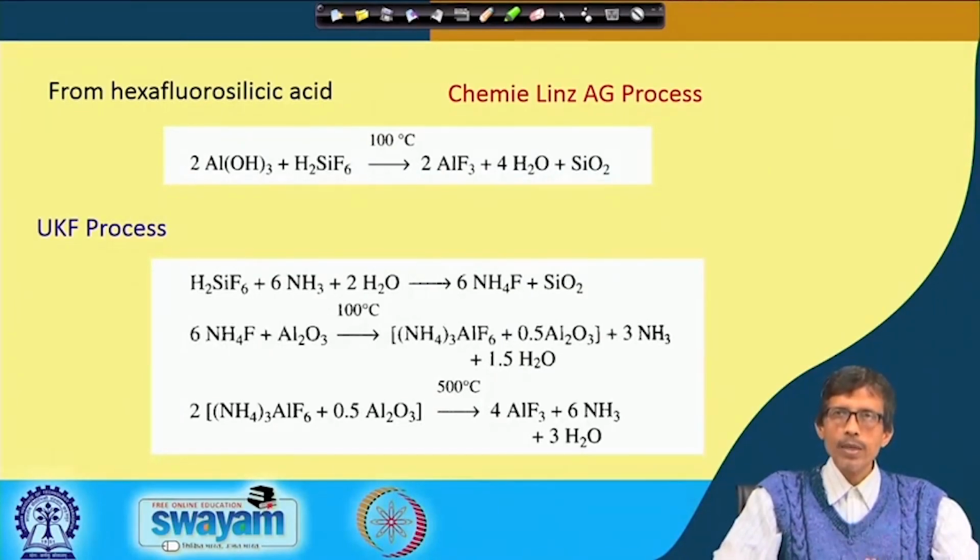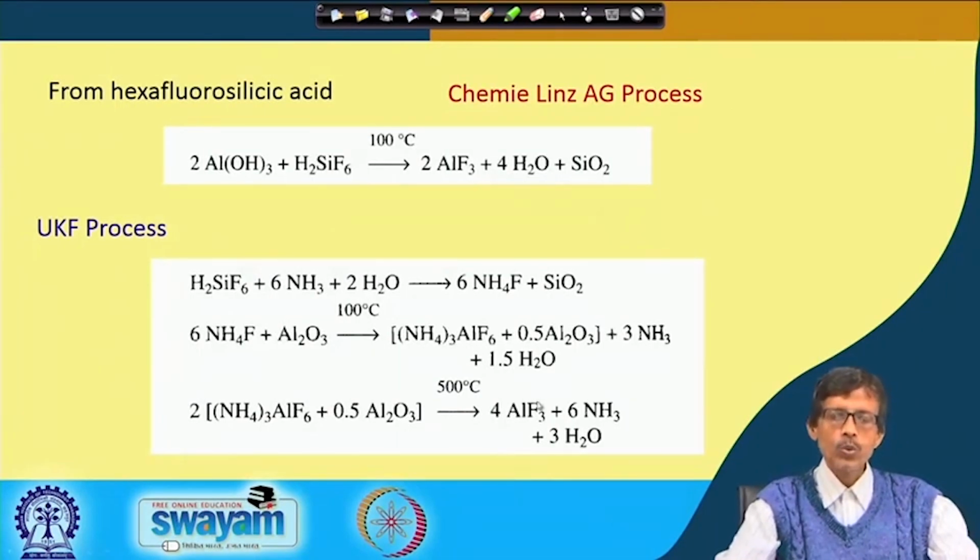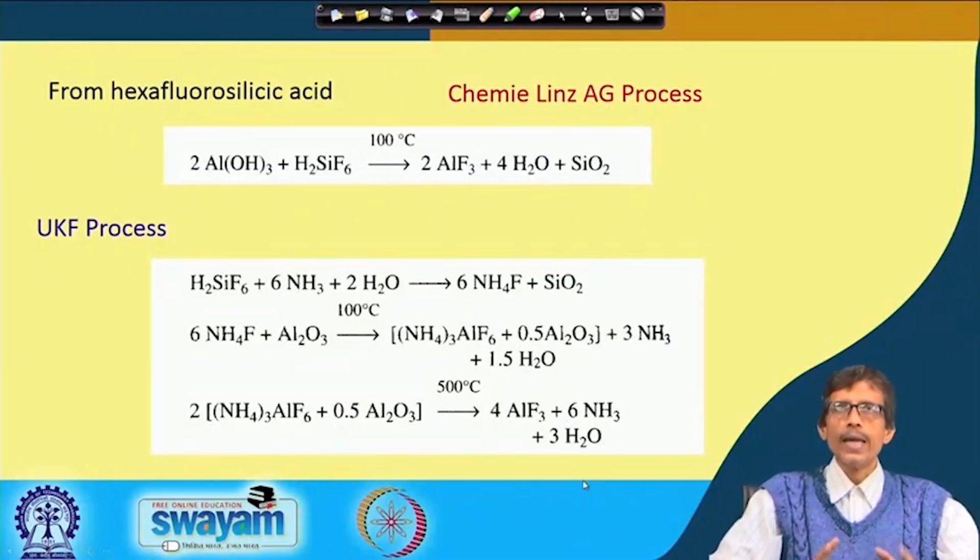So, a high temperature solid state reaction can now give you a very straight conversion of the entire amount of aluminum available in it to aluminum trifluoride. So, 2 of this molecule heated at 500 degree centigrade is converted to AlF3, and this removes the entire amount of ammonia as NH3 and water molecules. So, we now have in our hand the AlF3.